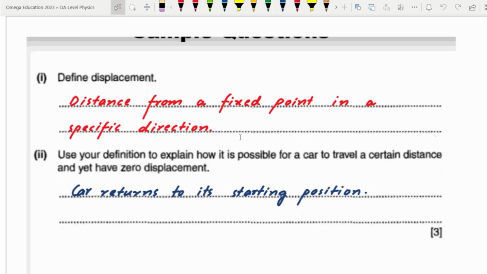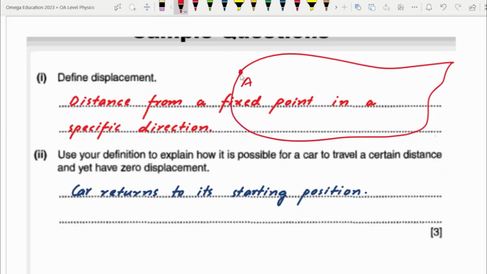And then they ask you the next question: use your definition to explain how it is possible for a car to travel a certain distance and yet have zero displacement. So let's say your car starts from point A, goes over there, then returns to the same point. The distance would be the length of the entire track, but the displacement would be zero.